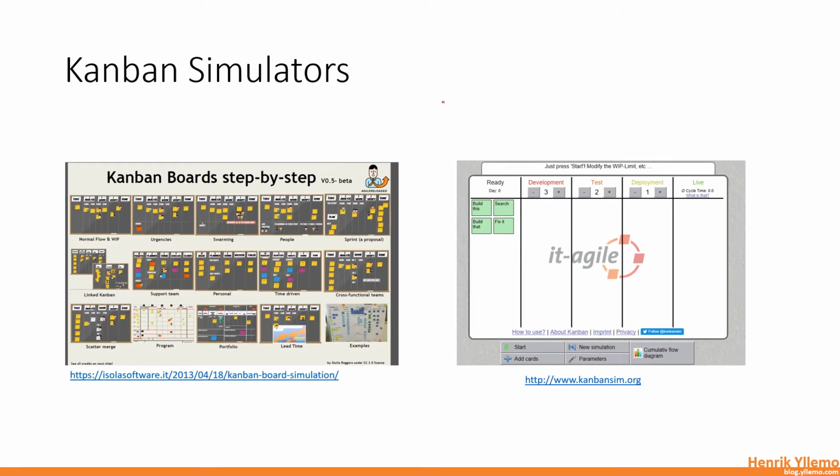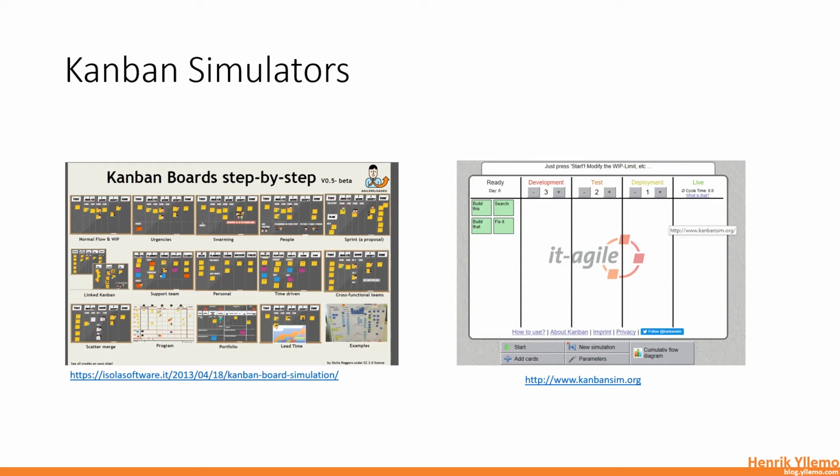There are so many different versions of Kanban boards, and one of the key things here is that you can actually create your own type of boards based on various scenarios. On this link here, you can see lots of examples put together in a really nice graphical format that shows you lots of different types of boards.